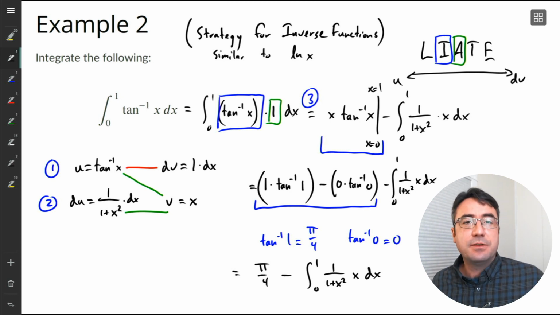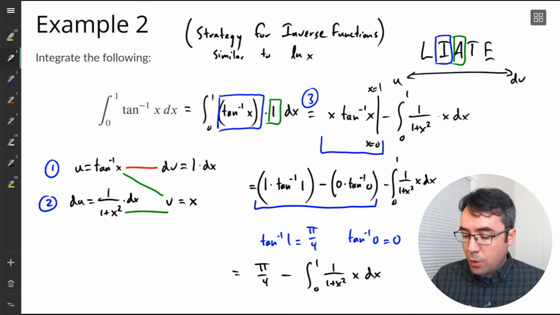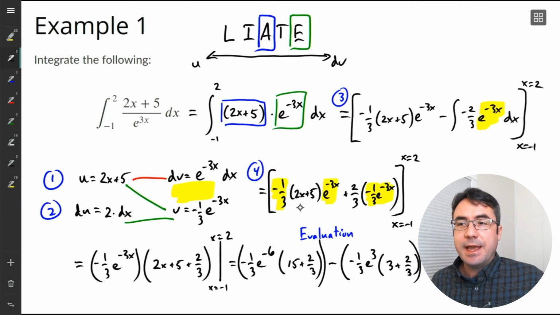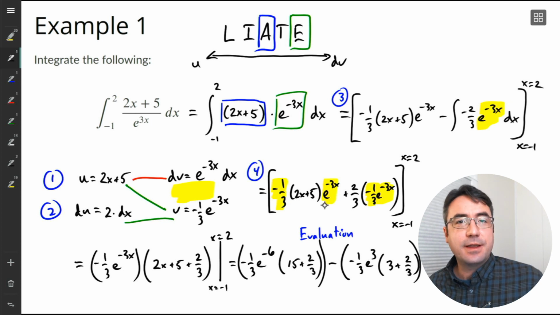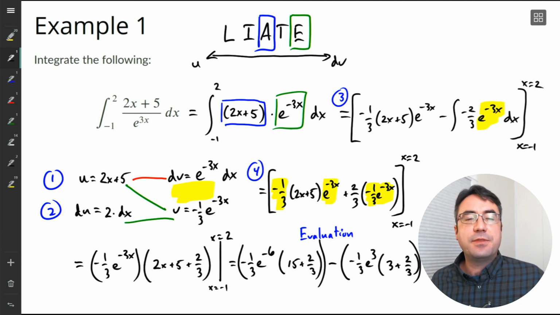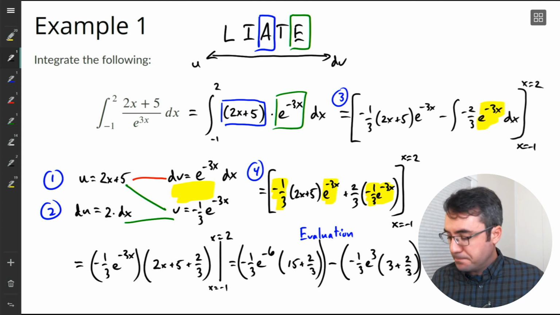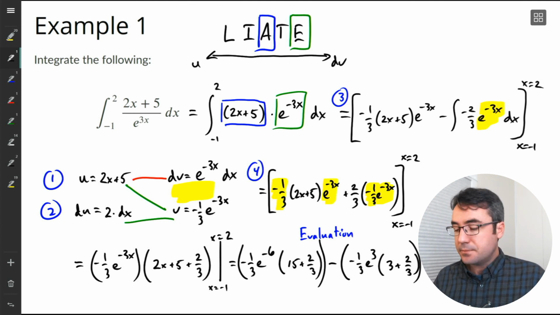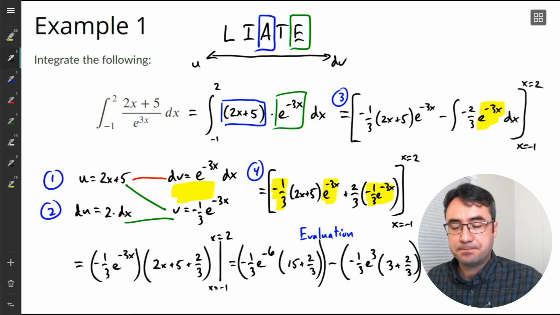You could do it that way. Or, like we did in example 1, we went through and did all of our integration, got our antiderivative all the way back in terms of x, and then once we were done with all our integration, we evaluated at the very last step. So whichever method you want to use, perfectly fine. It really comes down to what you prefer. You'll get the same answer regardless.